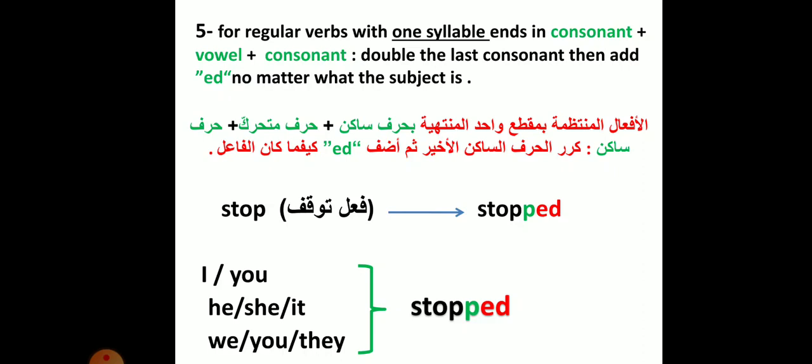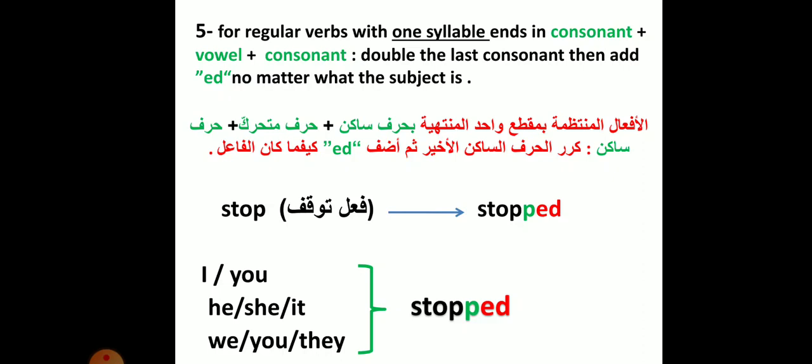We double the last consonant, then we add ED. For example, verb to stop. Here we have just one syllable and consonant plus vowel plus consonant, T plus O plus P. We double the last consonant, P, and we add ED. Stop, stopped.